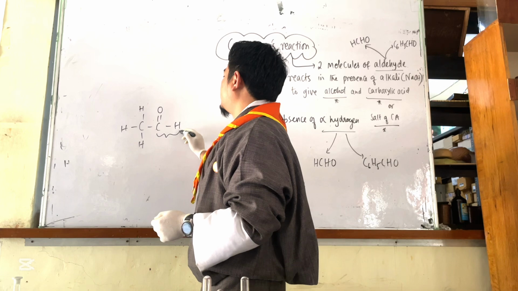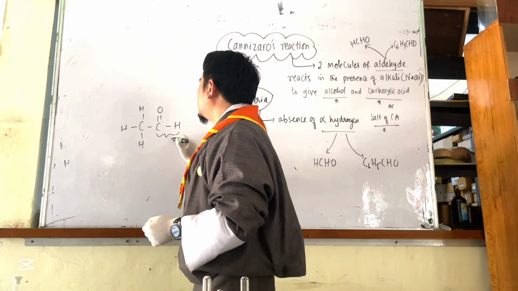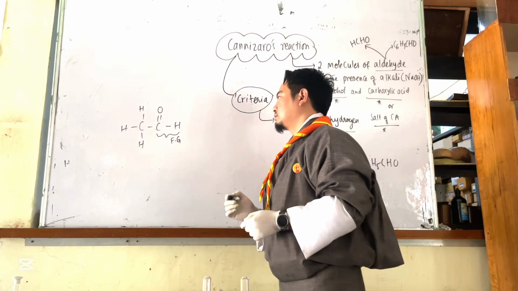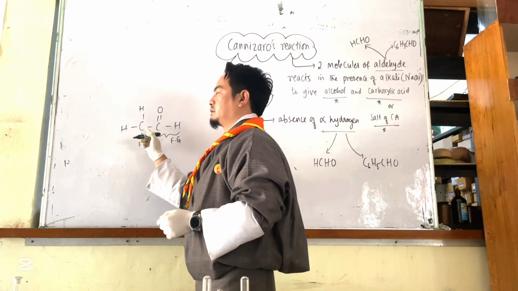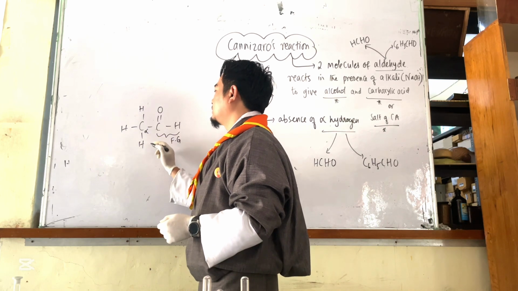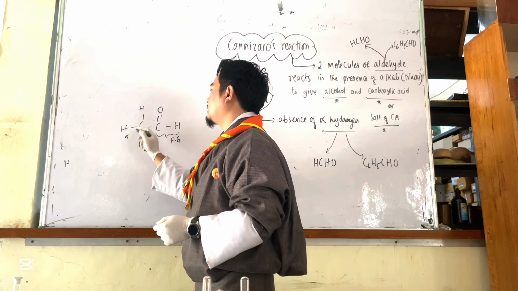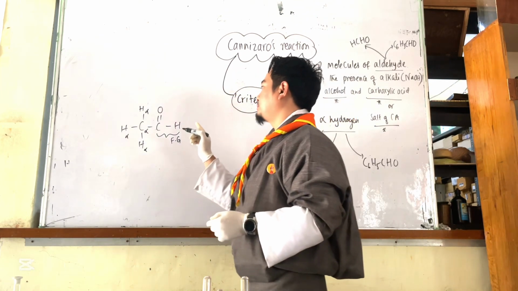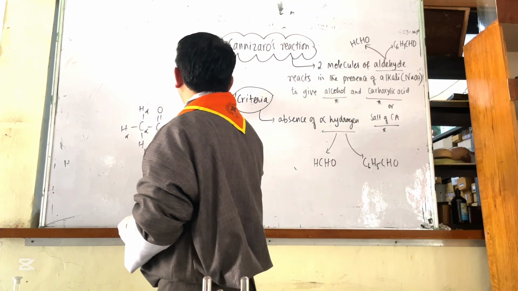This carbon with oxygen and hydrogen functions as a functional group. So the nearest carbon, the carbon that is next to the functional group, is labeled as alpha, and the hydrogens are labeled as alpha hydrogen. So therefore, in acetaldehyde, we see the presence of alpha hydrogen.